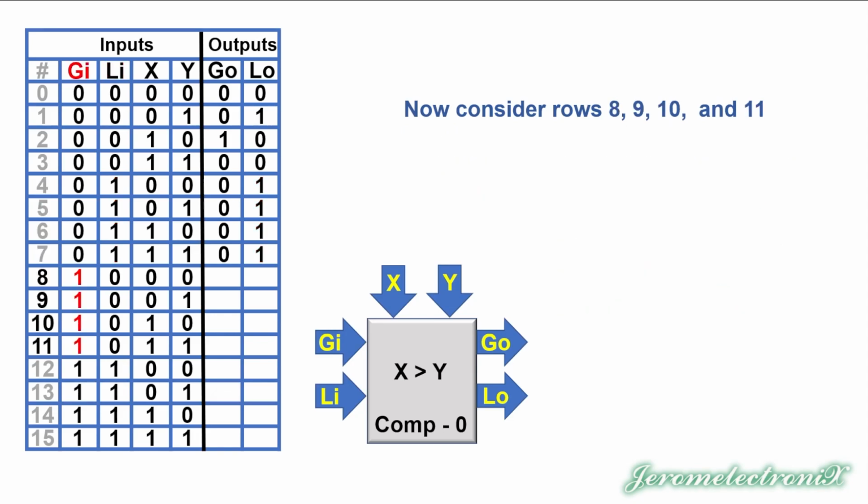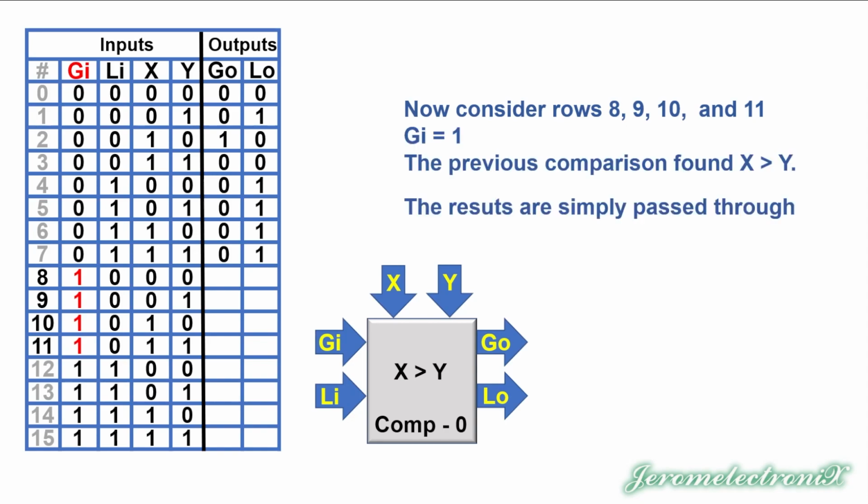In rows 8 through 11, the previous instantiation of this comparator has found that x was in that column greater than y. And so greater than in gets a 1 for all 4 of these rows, and that is simply passed through, and we don't care what x and y are because we've already found that in the previous greater weighted column, x was greater than y.